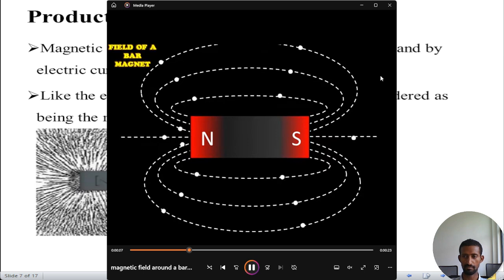The magnetic field looks like this. As you can see from this video, it comes out of the north pole and enters the south pole outside the magnet, and inside the magnet it moves from south to north. This is what the magnetic field looks like.